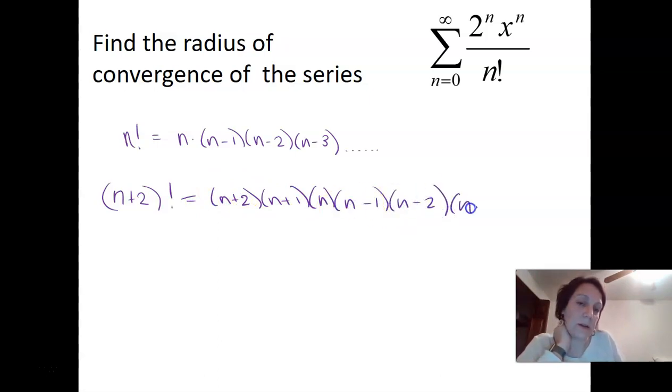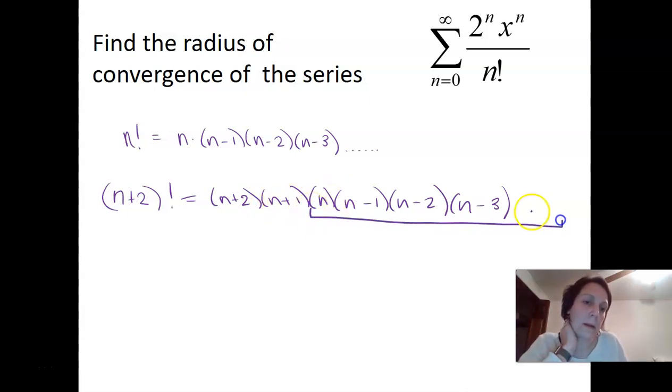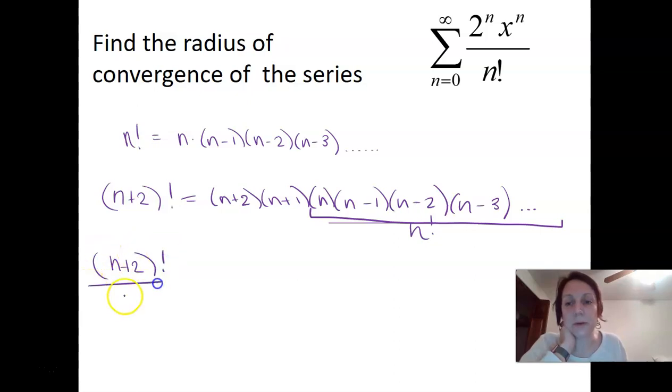It just keeps going down from there, right? But what I could do is I could say, oh, n plus 2 factorial, that's n plus 2 times n plus 1, and then this right here, that's n factorial.